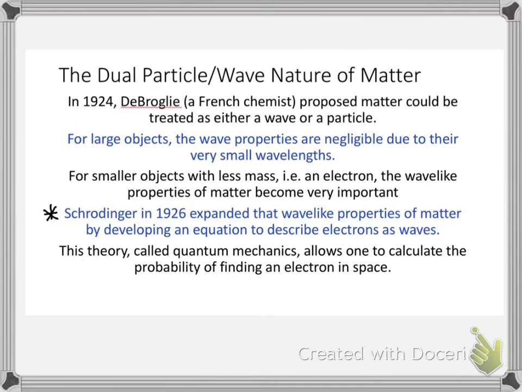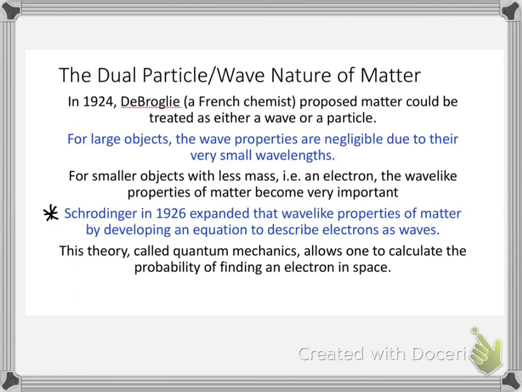They call this quantum mechanics, and it actually doesn't allow you to pinpoint the location of the electron, but what it does is calculate what we call the regions of highest probability.